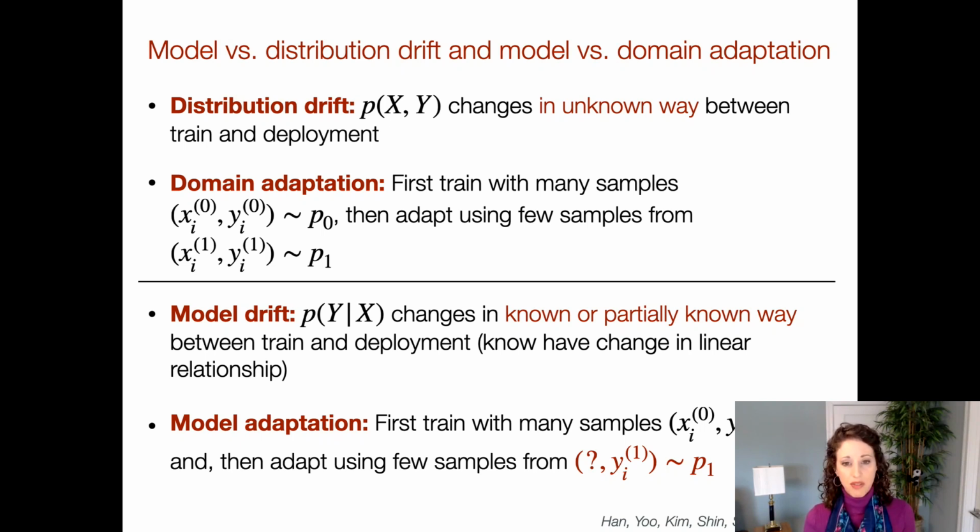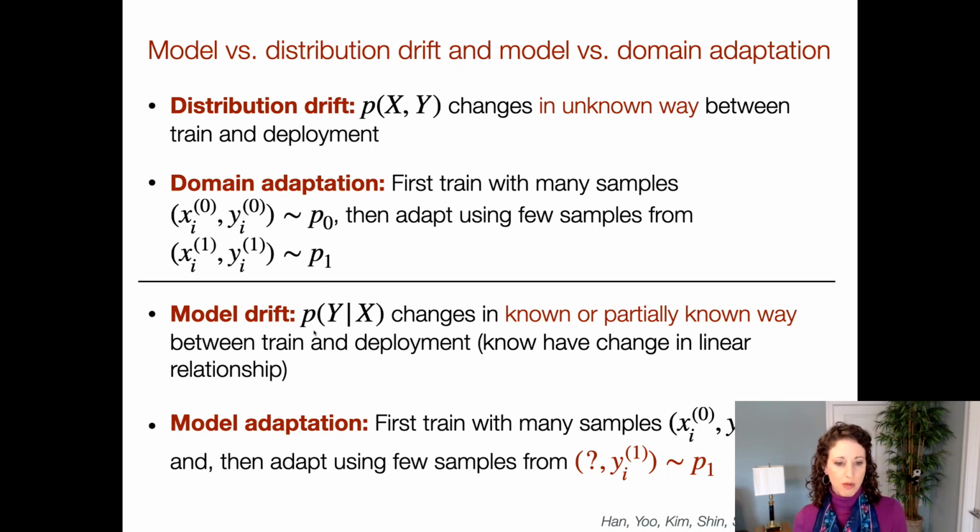And that distribution changes in some unknown way between when we train our system and when it's deployed. And the problem of domain adaptation is to train one of these networks with many samples from the original distribution, and then to adapt that trained network to a new distribution using just a small number of samples from that new or second distribution.